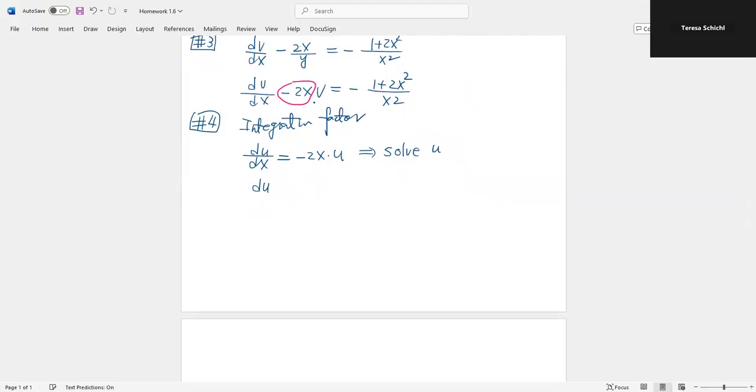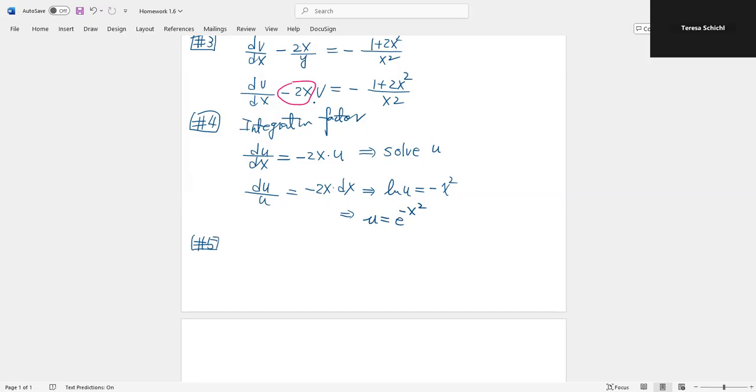So du over u equals negative 2x dx. Now I integrate, so ln u is equal to negative x squared. Now I take e on both sides, so u is equal to e to the negative x squared.